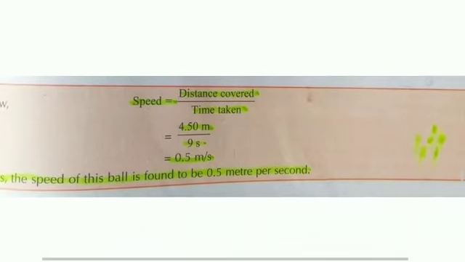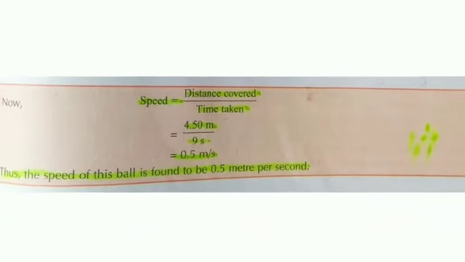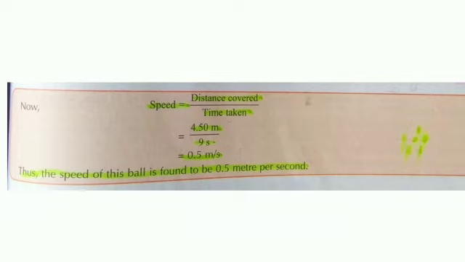So, speed is equal to distance covered divided by time taken. Our distance is 4.50 meter and time is 9 seconds. Just calculate this.